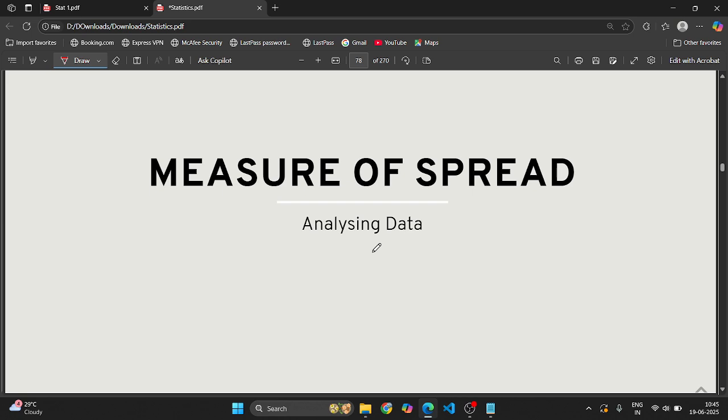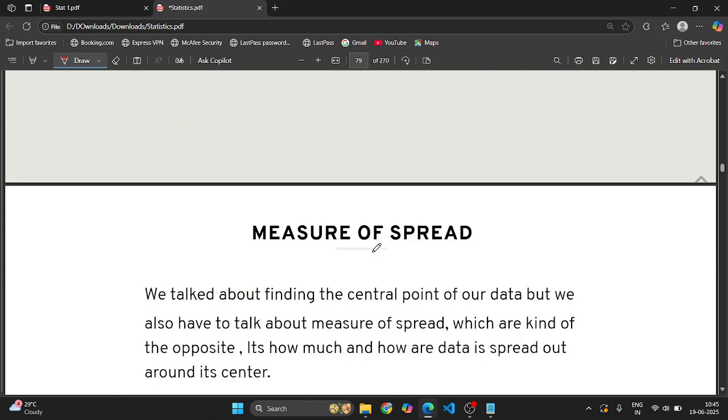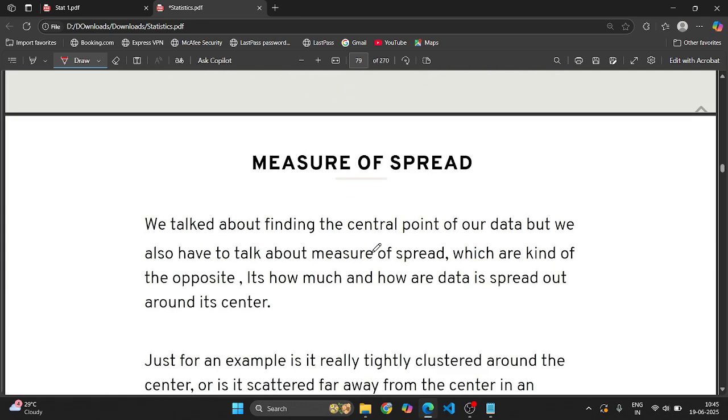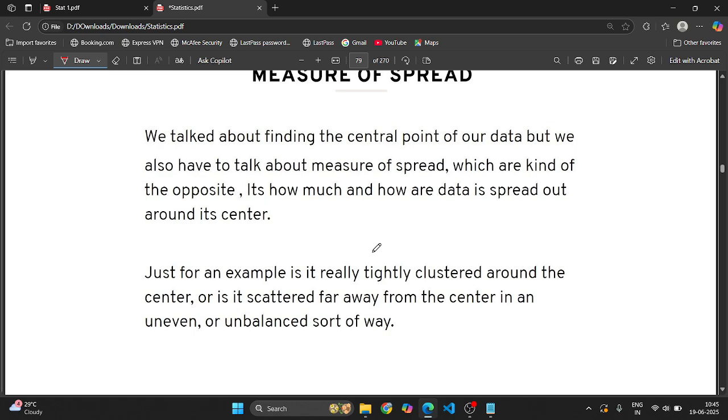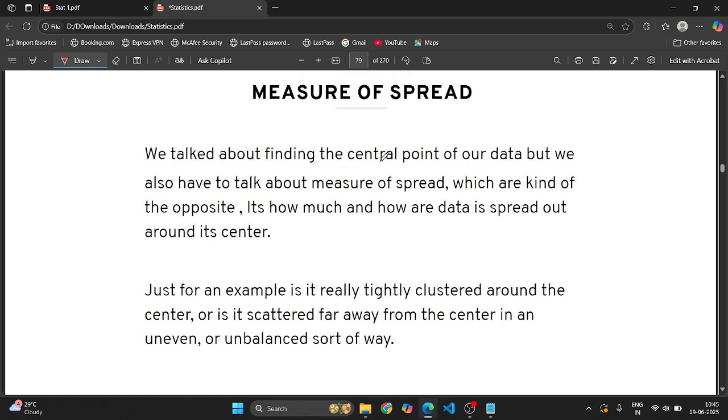Okay. Now measure of spread means the spread of the data. We talked about finding the central point of our data, but we also have to talk about the measure of spread, which is kind of the opposite. It is how much our data spreads out around its center.